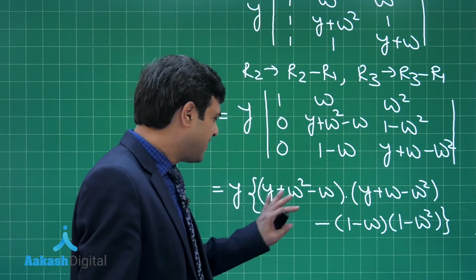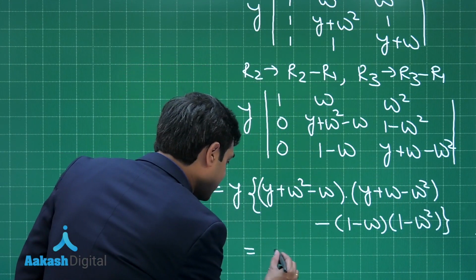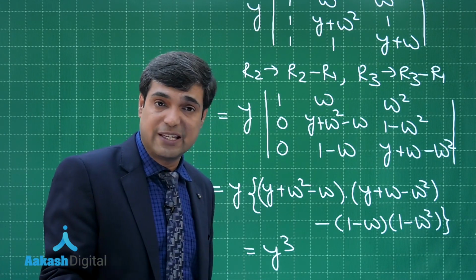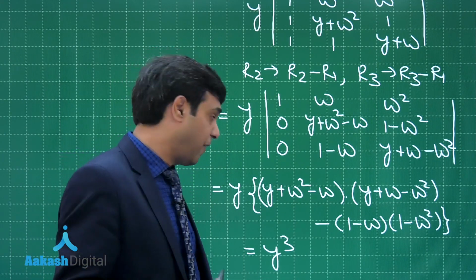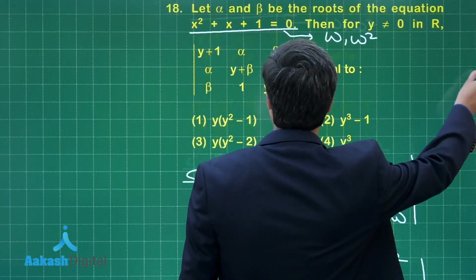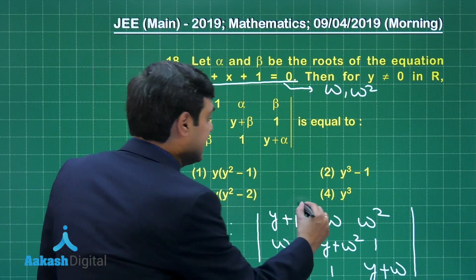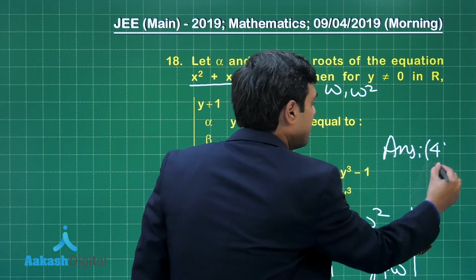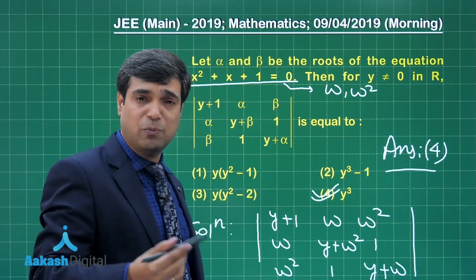That's clear. Just simplify it, you get the result changing to y³, because 1 + ω² is 0 and ω³ is 1. So here the result is y³. Let's see from the given options. Yes, it is available here as option number 4. So let's mark it as our correct answer. Let's move on to the next one.